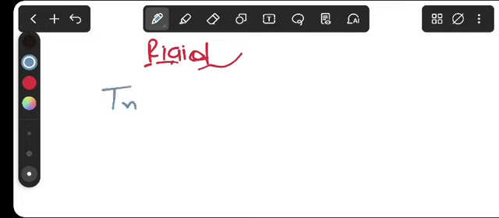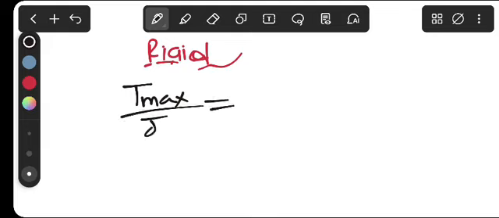With maximum torque all over J, multiplied by the angle of rotation over the length, isn't it?